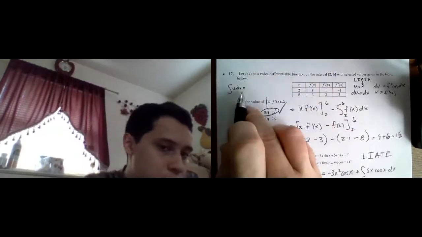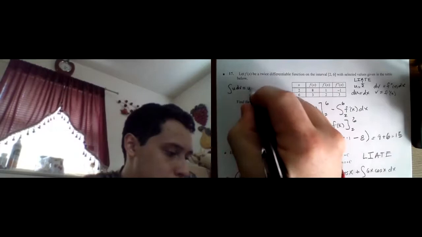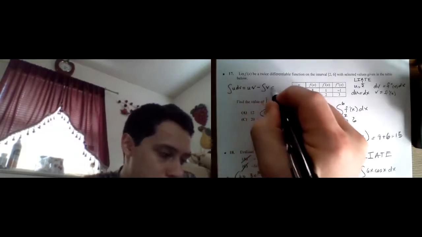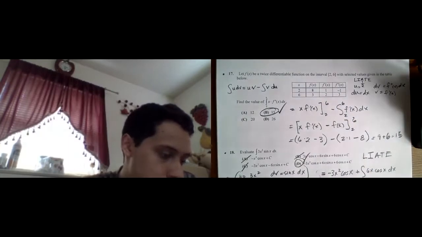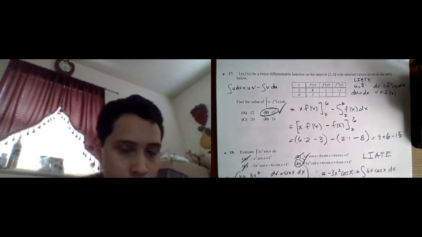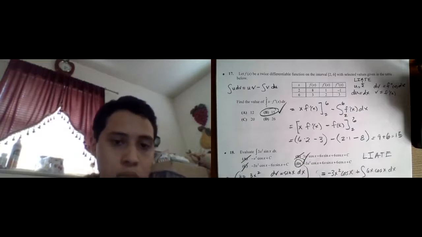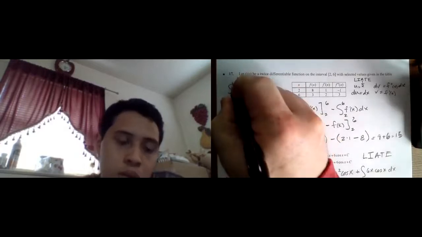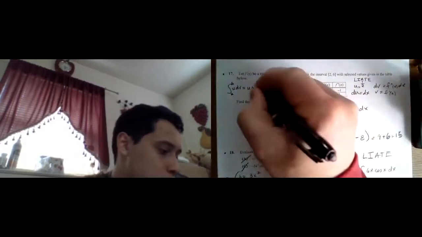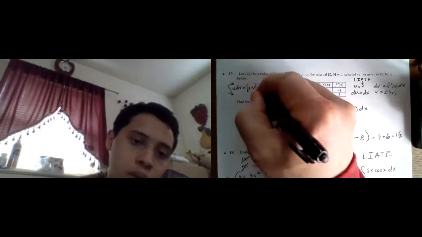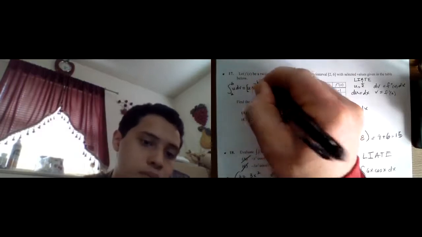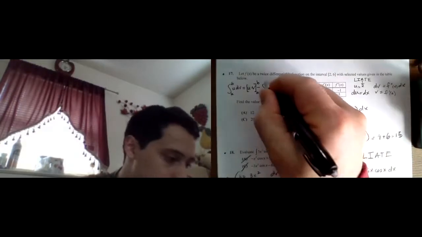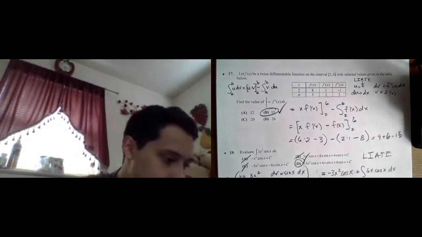So the integral of u dv is u times v minus the integral of v du. If it is a definite integral from a to b, you have to evaluate u times v on that interval, and then the integral has to be evaluated on that same interval.